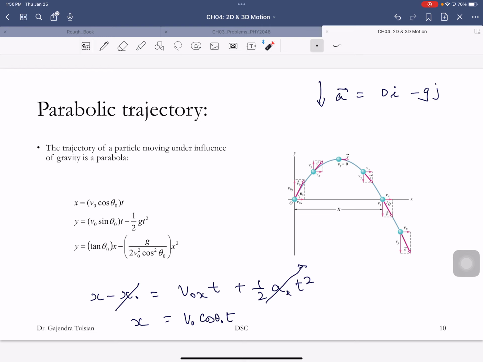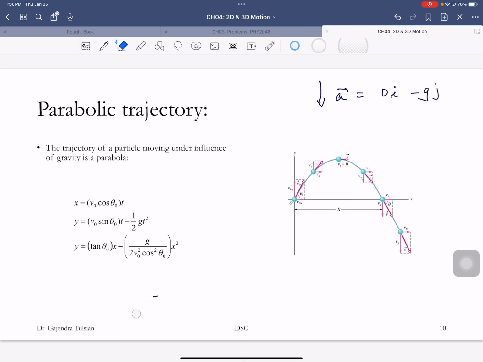So if at t equal to 3 seconds, there is the x coordinate. And that's what this formula is giving you. And there is the y coordinate. Let's find out the y coordinate. We'll do the same thing. Y minus y naught equals v naught y t plus 1/2 ay t squared.